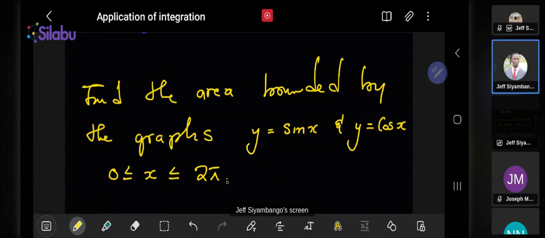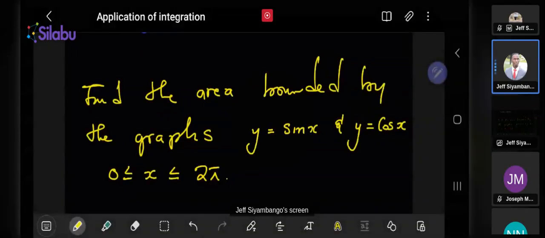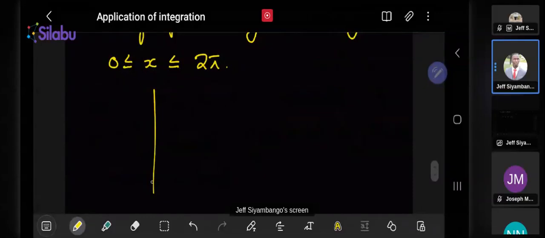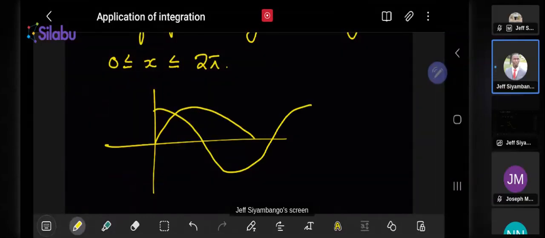Now, the question is, do we want all the way up to 2 pi? I think 2 pi might be too much. Okay, let's look at them. So we have this, and then we have this. And we have this. Okay.